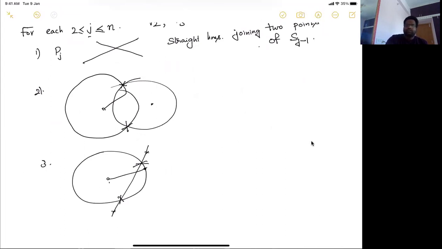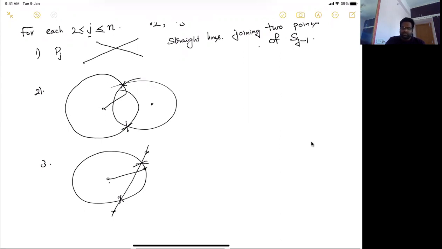Okay. So what is the importance of these 3 processes? These are the only 3 possible ways you can construct new points using a ruler and compass only.